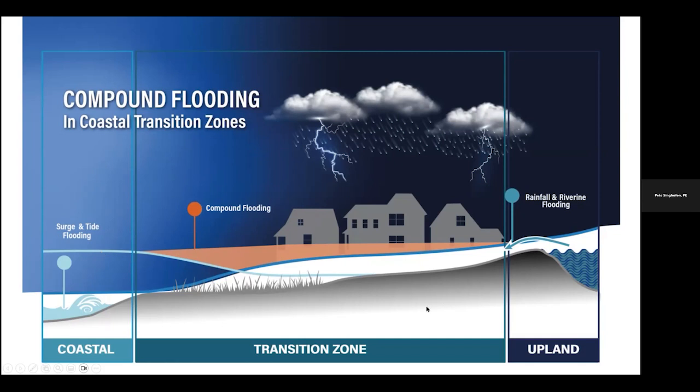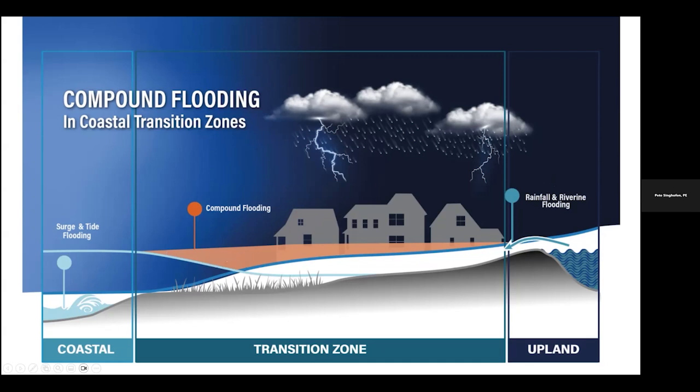But when you combine those two, the inland flooding and the storm surge and tide, you get this transition zone, which is where we have the compound flooding. It's the effect of both the storm surge and the rainfall induced flooding. And how wide or long that transition zone is depends on an almost infinite number of factors.